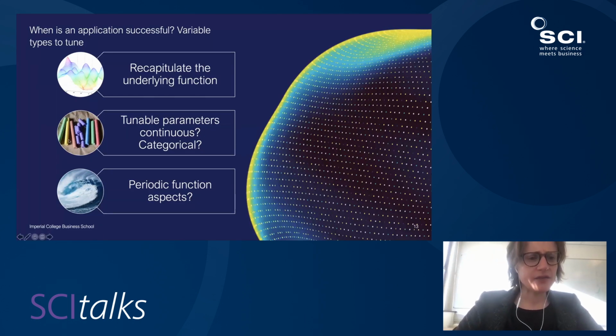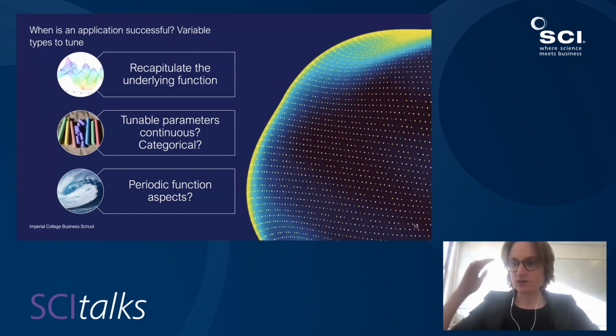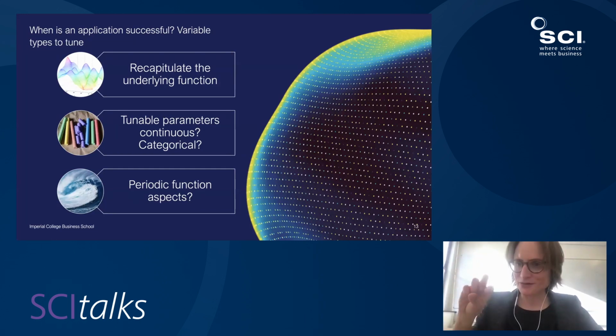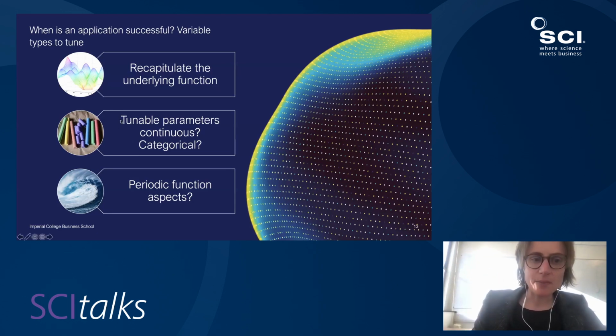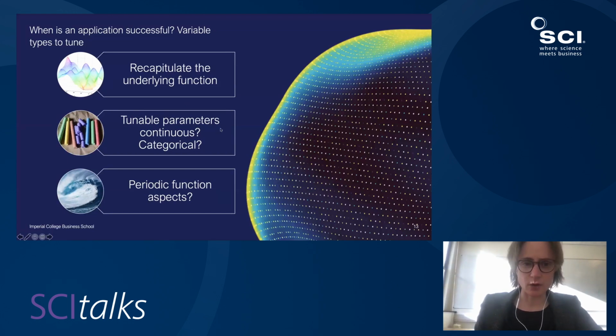Then I gave the example of this robot. Some of the parameters I might be able to tune with the robot might be knobs, and knobs are continuous. Others might be switches, a yes or no decision. Whether I'm allowed to tune parameters that are continuous or categorical, yes or no, will change what my underlying surrogate model will be.